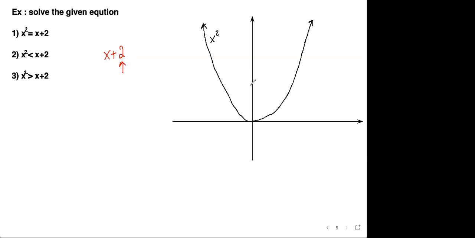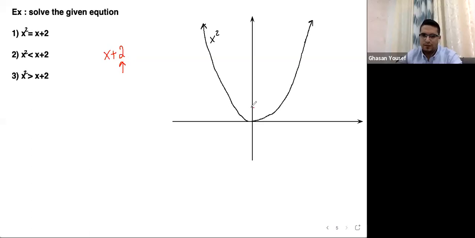This is my b. So at 2, this is 1, this is 2. At 2, exactly here, we have the y-intercept. So what is the x-intercept for this one, if my function is y equals x plus 2? My y-intercept is 2. What is the x-intercept? -2.